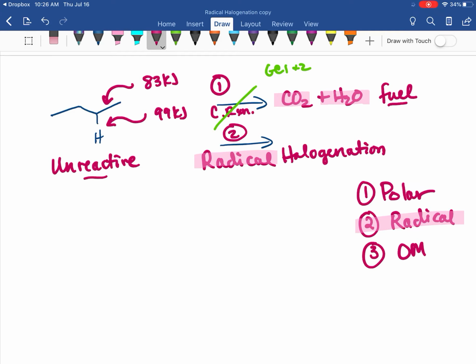So radicals, let's give a couple rules before we actually start. Radical mechanisms are completely different than our polar mechanisms. What's awesome is that they always follow the same pattern. So even if it seems like you're copying your notes when you write your mechanism for me, I would like that because there is only one way that this mechanism is going to happen.